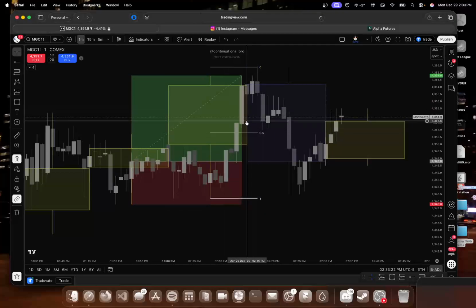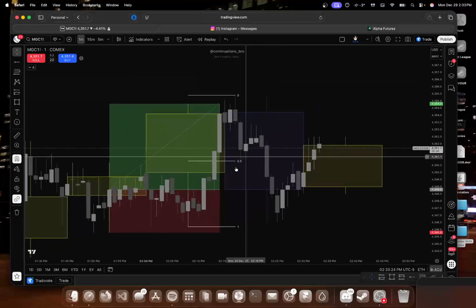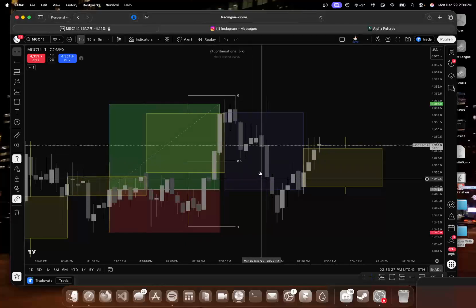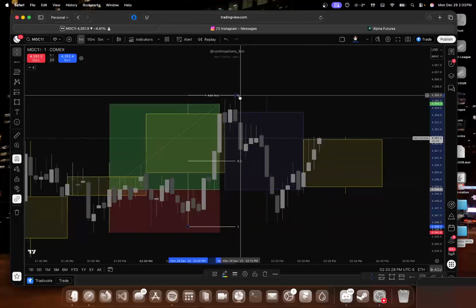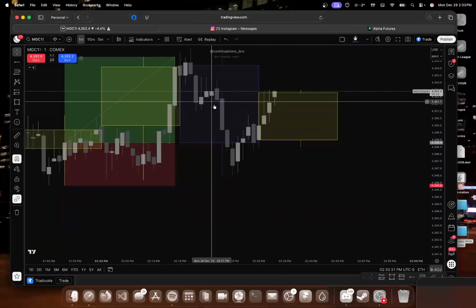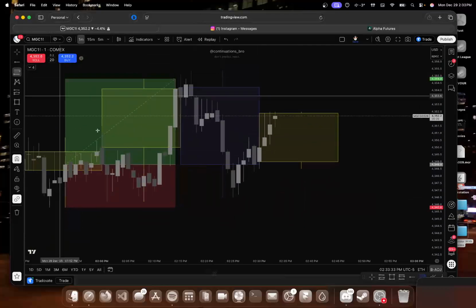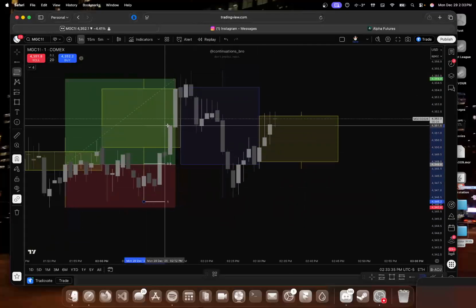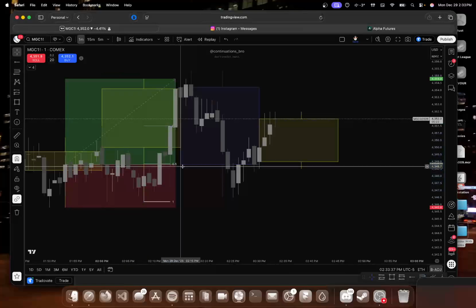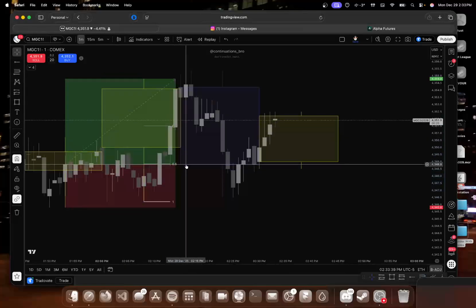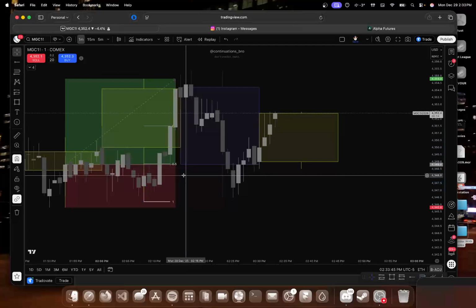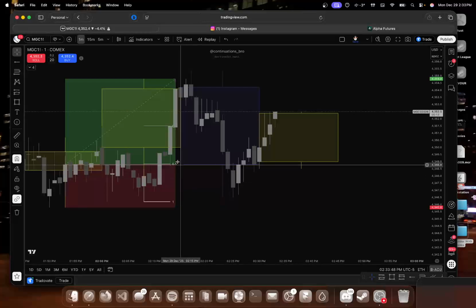Because sometimes we'll rebalance this fair value gap and then we'll reject. And then we'll come back down to this one later and have a bigger rejection. Right? So back to what I was saying. If your stop loss is break even here, that doesn't even make sense, because in theory, if we do come back to OTE, you're going to get stopped out, right?